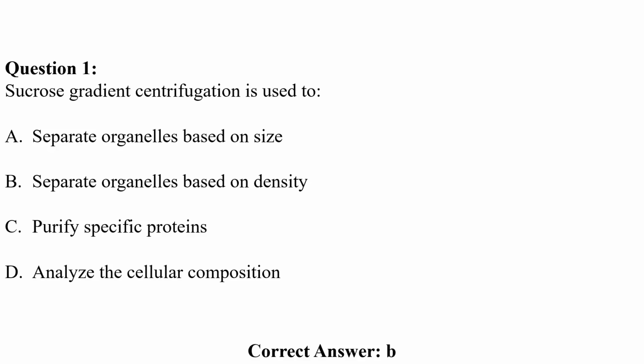Sucrose gradient centrifugation is basically a type of density gradient centrifugation where we use sucrose to make the density gradient. We can use different concentrations of sucrose to make a gradient in a vessel, and higher concentration of sucrose will have a higher density and lower concentration of sucrose will have lower density, and we will have a continuous gradient, and then we will add our samples.